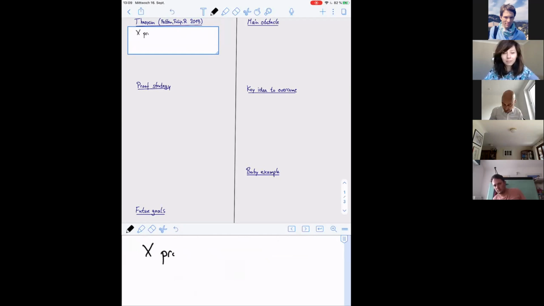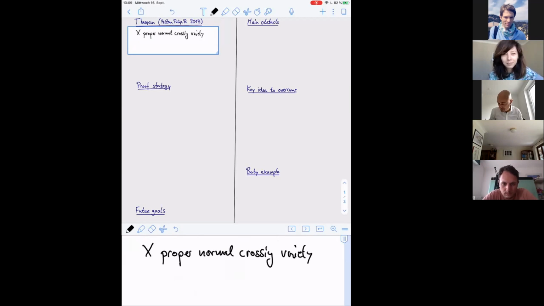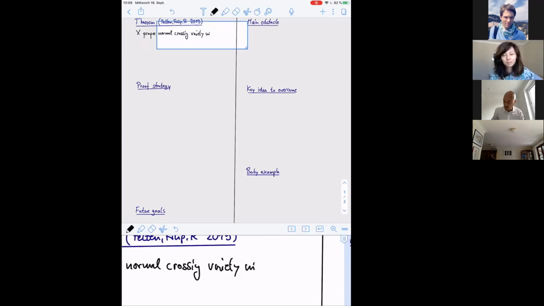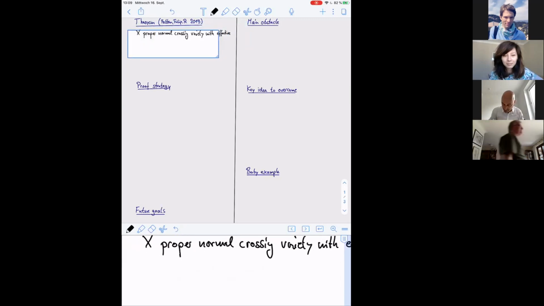So if X is a proper normal crossing variety, with some rather mild conditions, so you need some form of Calabi-Yau-ness, so effective anti-canonical class, so log Calabi-Yau, effective anti-canonical.